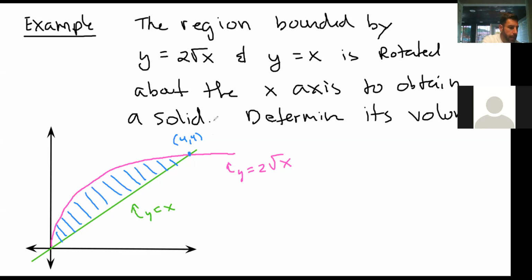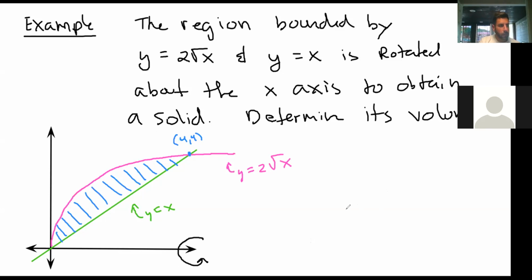So here's what happens when we rotate it. That's a very weird looking creature I drew there. So let's put it over here so it's more clear. We're going to take this region and rotate it. And so what's going to happen when we do that?